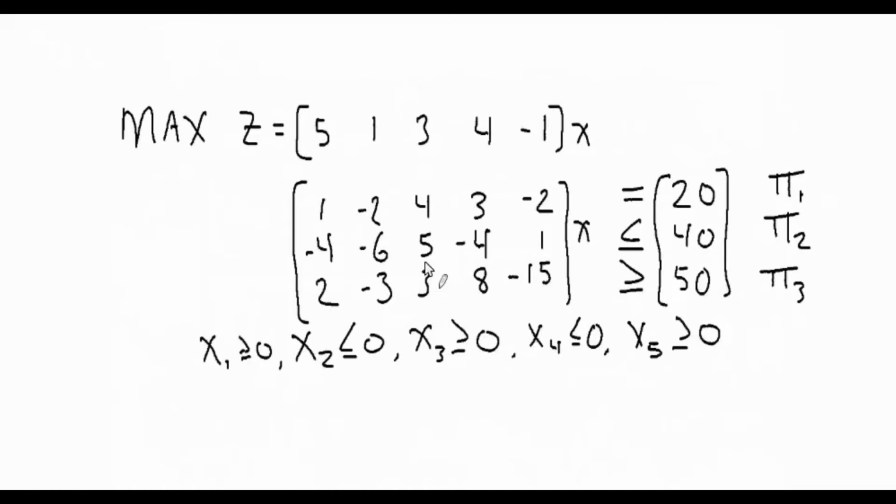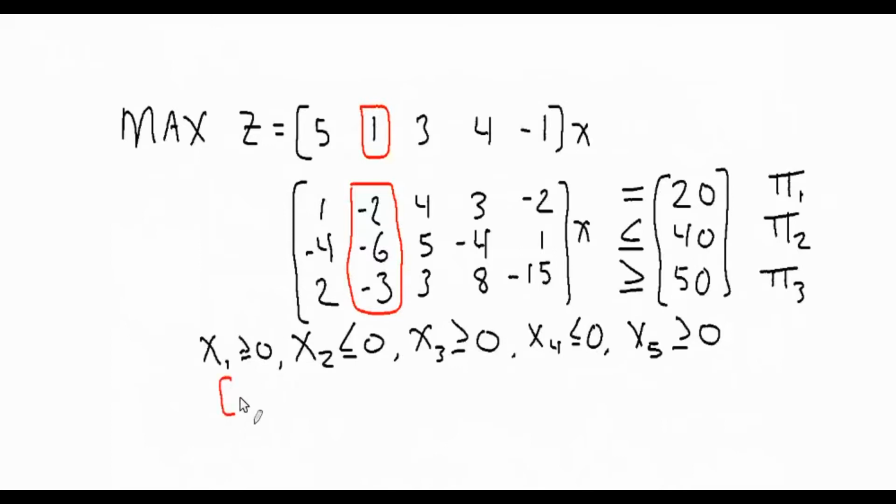Now let's do our second dual constraint. That will be driven off what's going on with our second primal decision variable. So that's the second column of our constraint matrix and the second element of our cost coefficient vector.